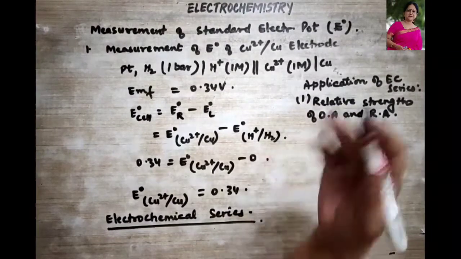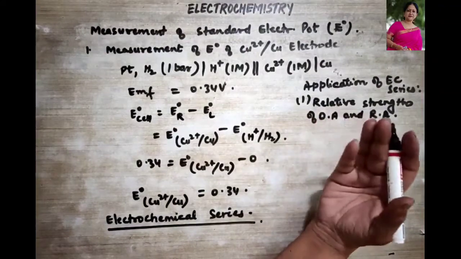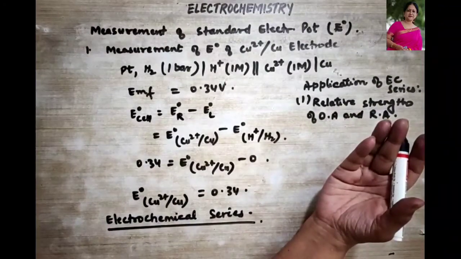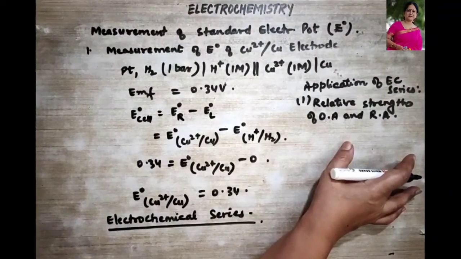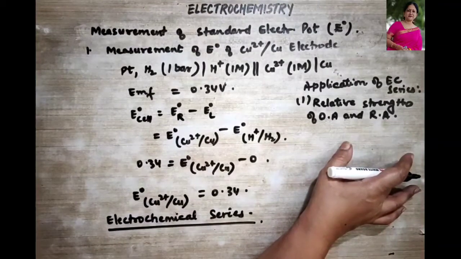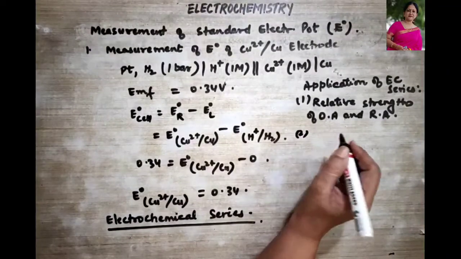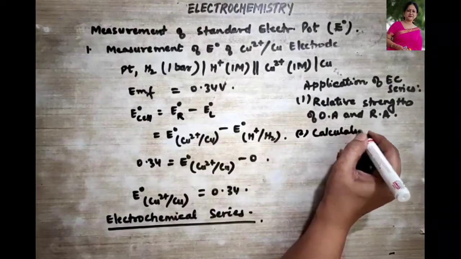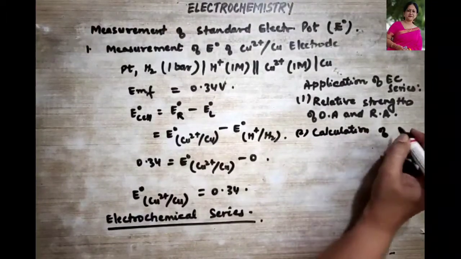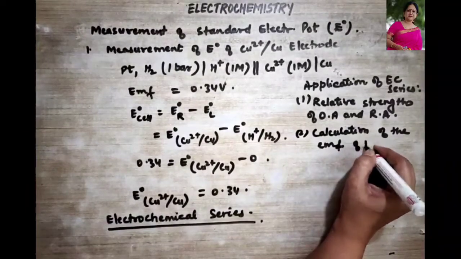So the element with greater standard electrode potential, or which shows reduction, is a stronger oxidizing agent, whereas the element with smaller value of standard electrode potential is a stronger reducing agent. Okay. Then second point, it also helps in the calculation of the EMF of the cell.